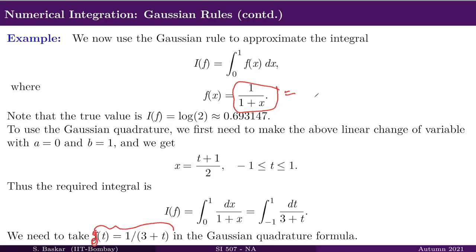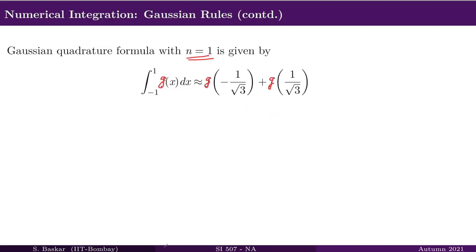Remember, I have just changed the notation f to g here, and the integrand is 1 by 3 plus t. That is more important. Whether you use the notation g or f is not important. Okay, where the integrand is 1 by 3 plus t.